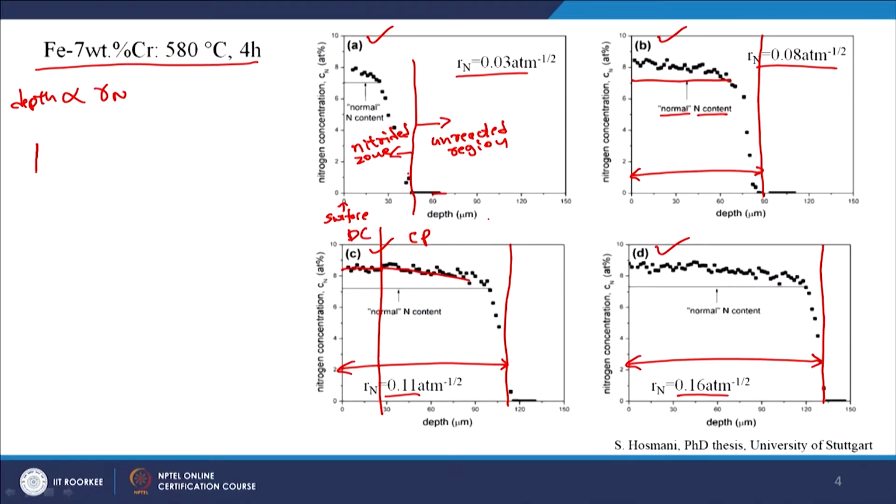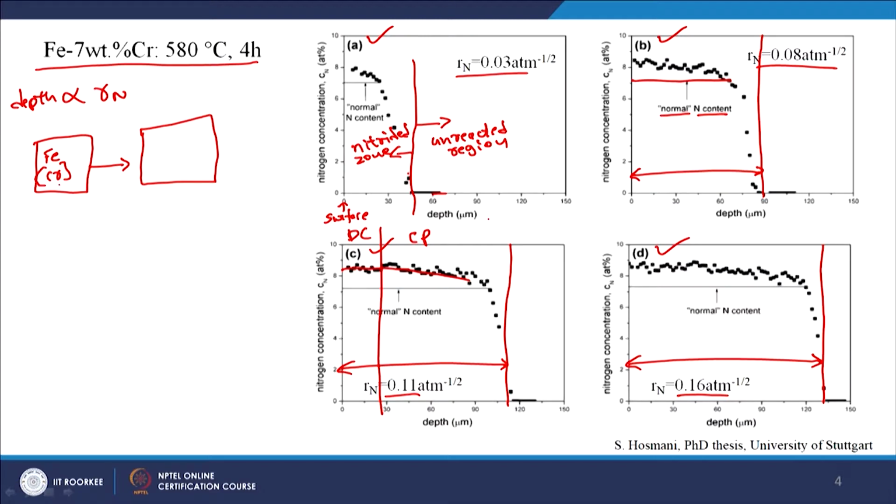Initially we have a sample, this has iron and chromium in the dissolved state, okay, and it is ferritic, we know that. Now, let us say that after the nitriding we assume complete precipitation of chromium as its nitride.